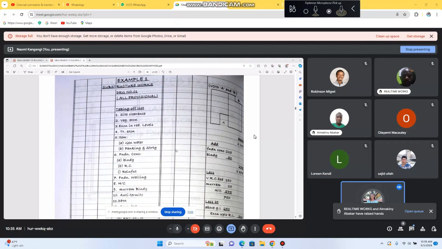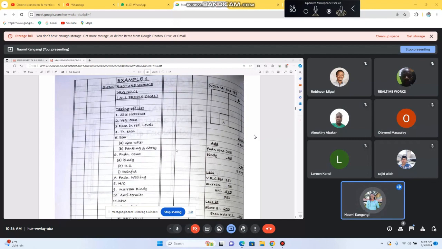So that level where the soil is stable enough and hardcore can be laid is called the reduced level. So that was why I was saying we have 3 levels. We have the ground level, we have the stripped level, then we have the reduced level.